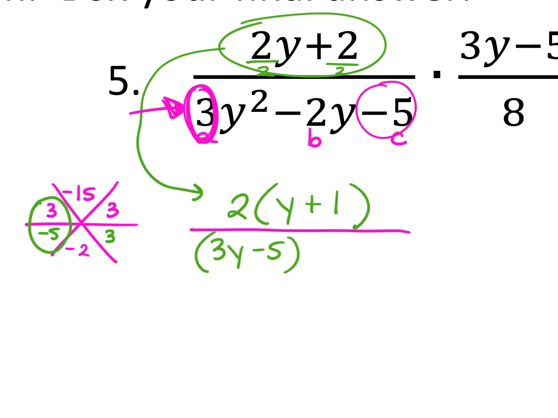Your other binomial is what? What are those 3's gonna do for us? They're gonna make it 1 over 1, and that will be what? 1y plus 1, right?